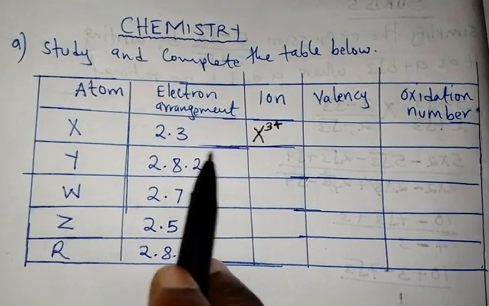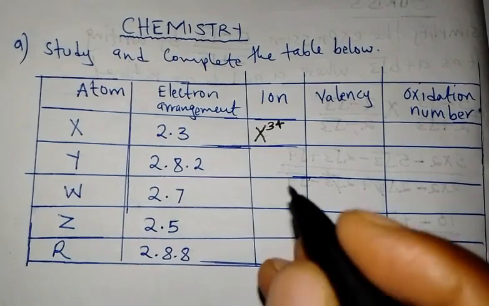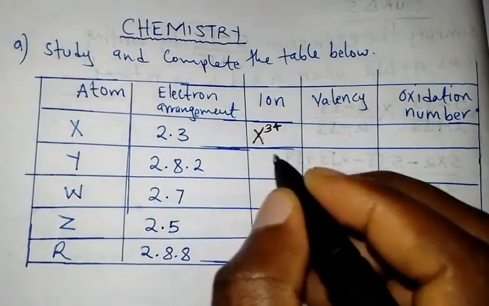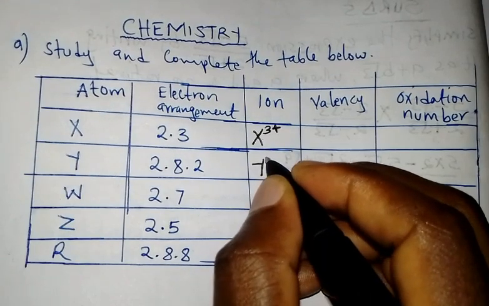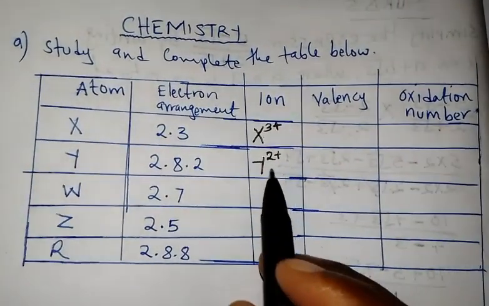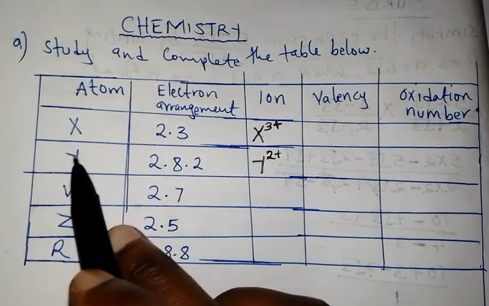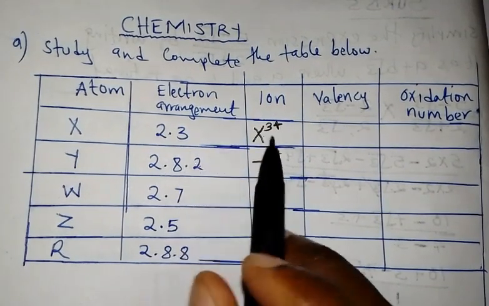The 2 electrons, because that is what requires less energy. So the ion of Y will be Y2 plus, which tells us that for the atom to form the ion, it lost 2 electrons.